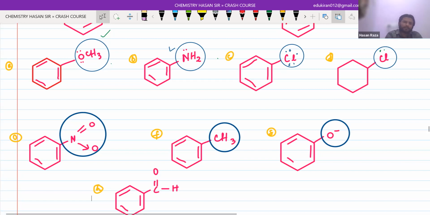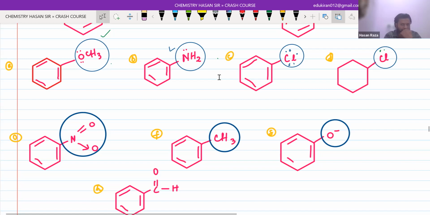Any answer for the A? Is the encircled group acting as plus M or minus M? Any answer, Mamuna, Aksha? You are not audible. Oh, Mamuna. Hanifa, Hiba, Alan.